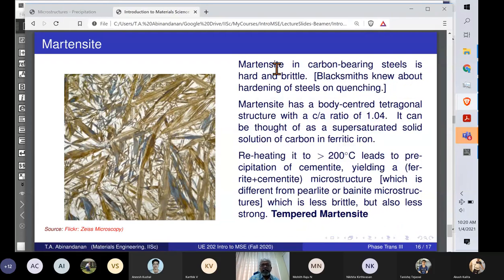This martensite itself is extremely supersaturated. Therefore, if you heat it to some temperature where carbon can diffuse, you can precipitate out cementite, and since the martensite is losing carbon, it slowly turns into cementite with time. This is basically a precipitation sequence, and this is called tempered martensite.